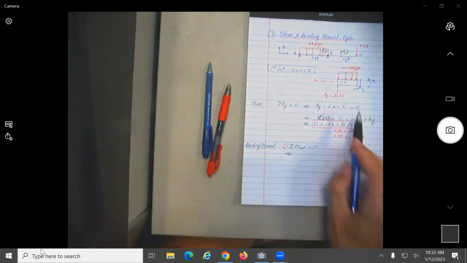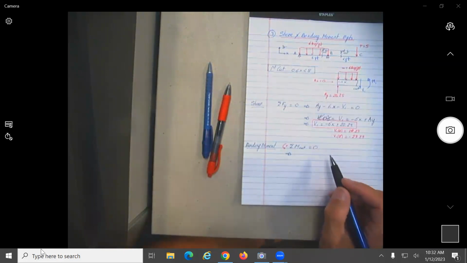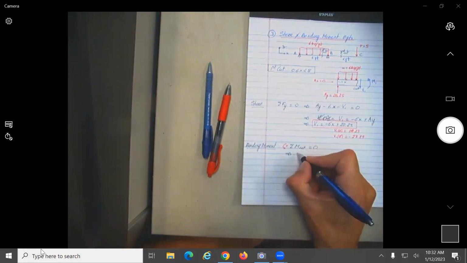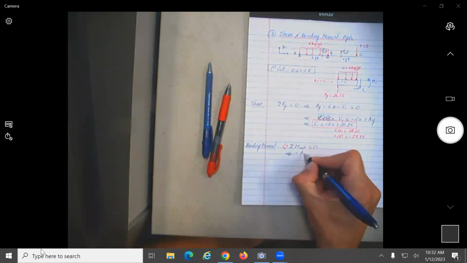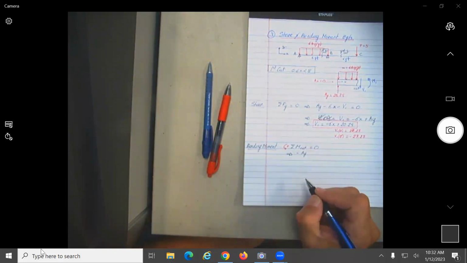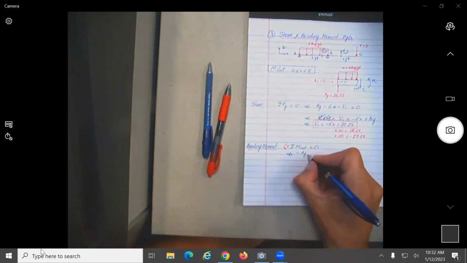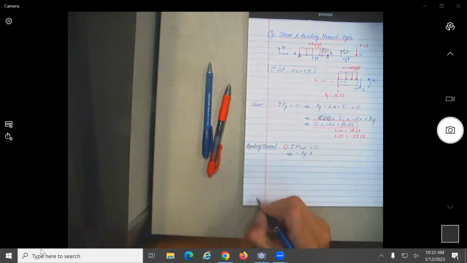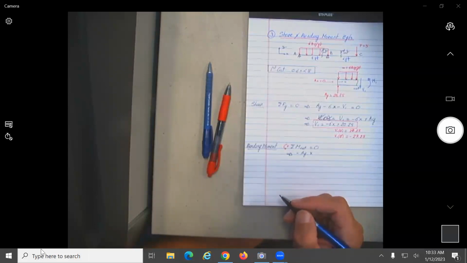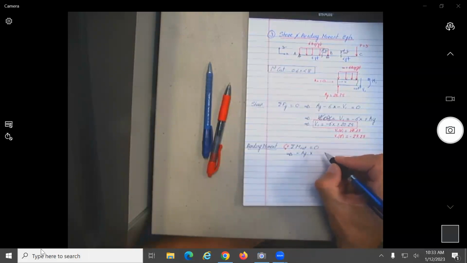If you look at the figure, everything comes from the figure. So what is creating a moment about the cut? Let's look at the AY force. Is that creating a positive or negative moment? Negative. What is the arm? X. Perfect. Now, what about the distributed load? Is that creating a clockwise or counterclockwise moment? Counterclockwise, so that would be plus.